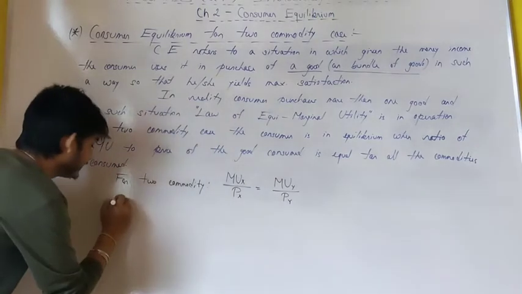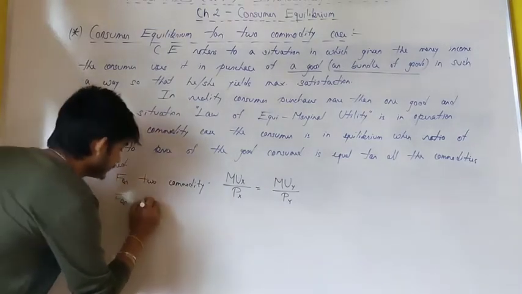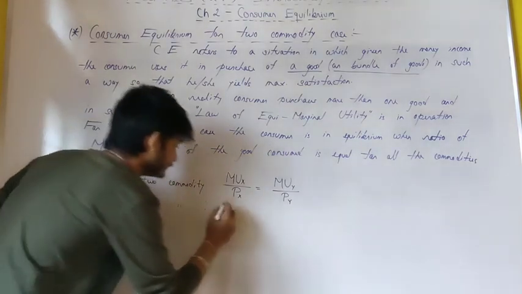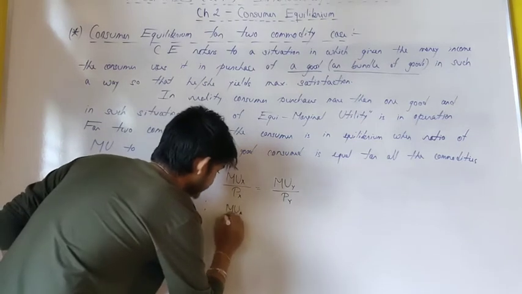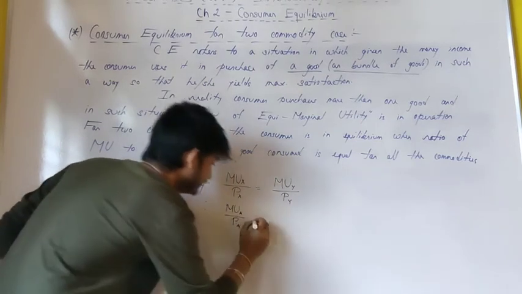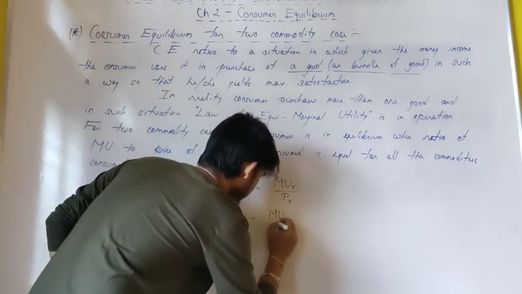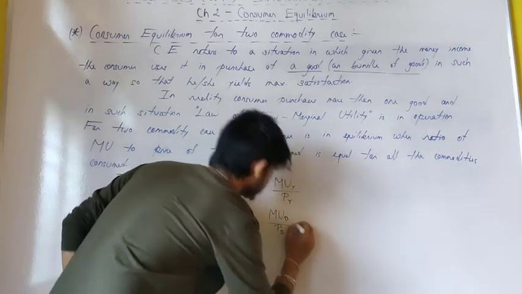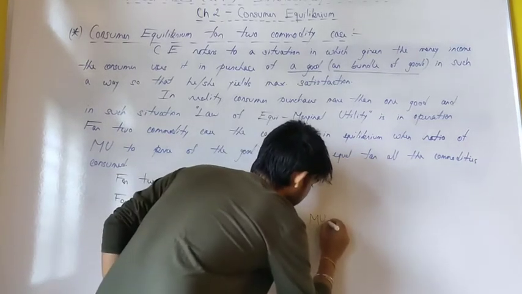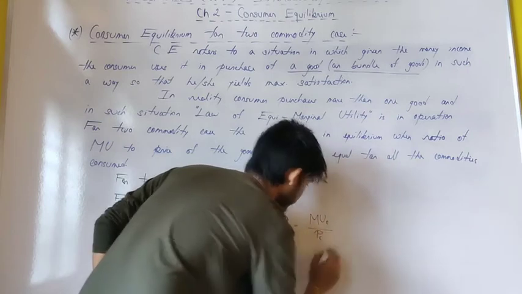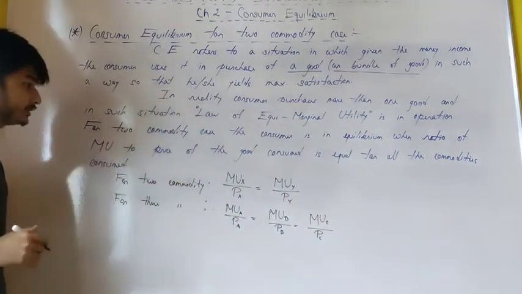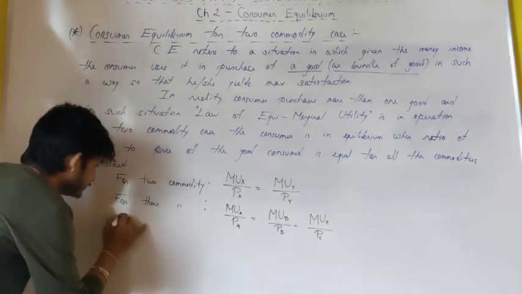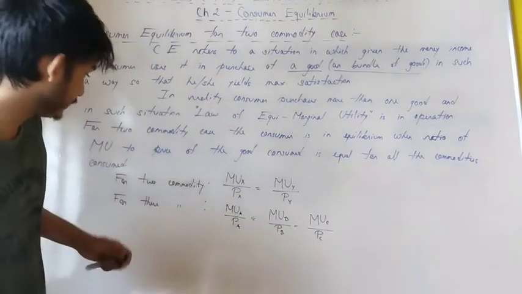Now if the consumer is consuming three commodities, there are three goods A, B and C. So this will be the situation for the three commodity case, and for several commodities, okay, let me wipe this one.